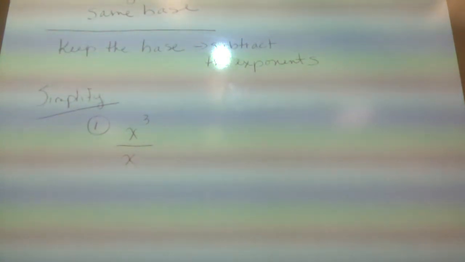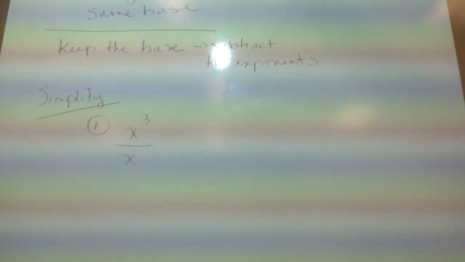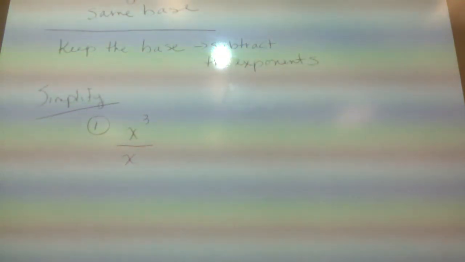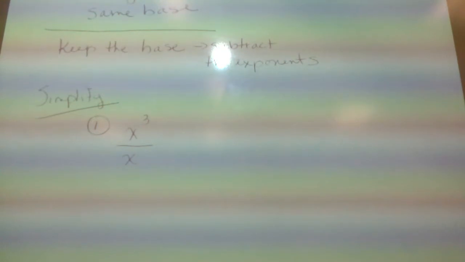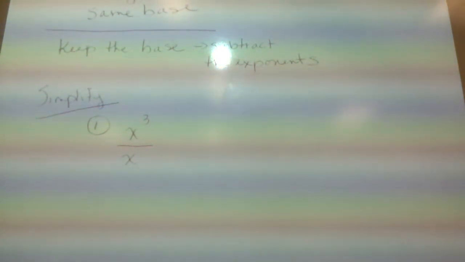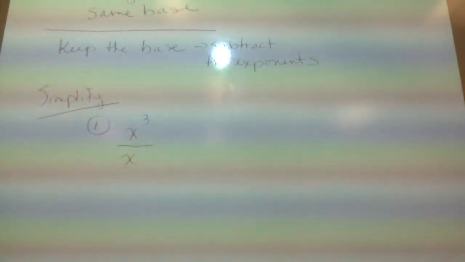Number 1. We'll start off very basic. I've got x cubed divided by x. So the bases are the same. The base is x. I'm going to take the exponents and subtract, the numerator exponent minus denominator exponent, so the top minus the bottom.